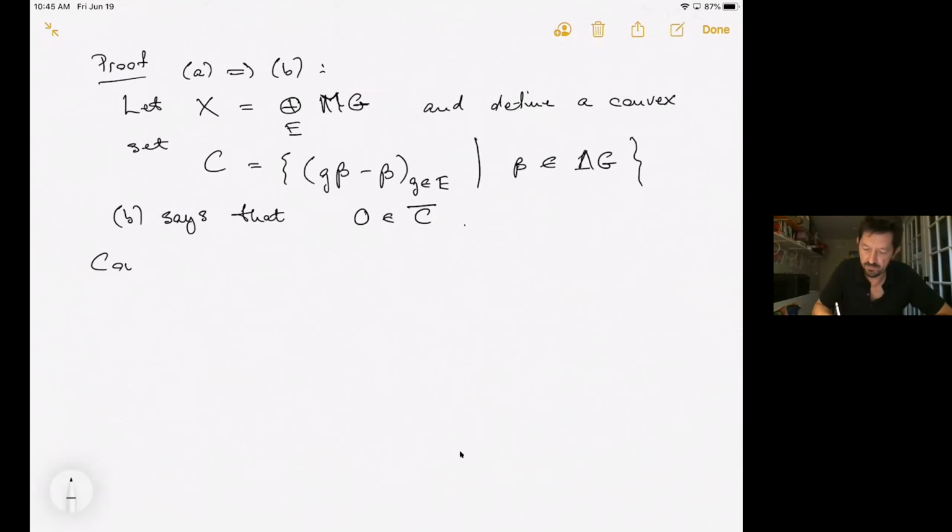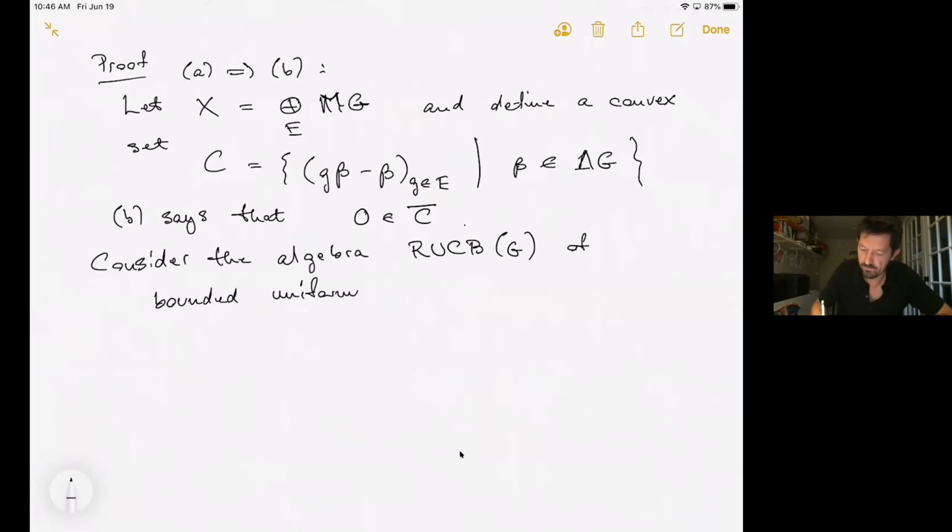So I consider the algebra of bounded uniformly continuous maps from G_d to R. We'll use phi as a generic name for these.